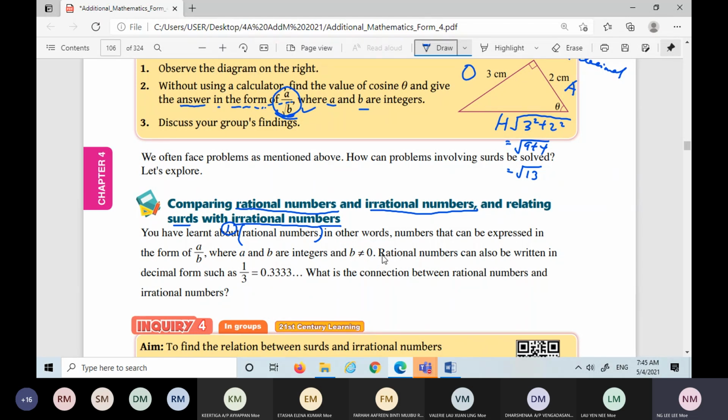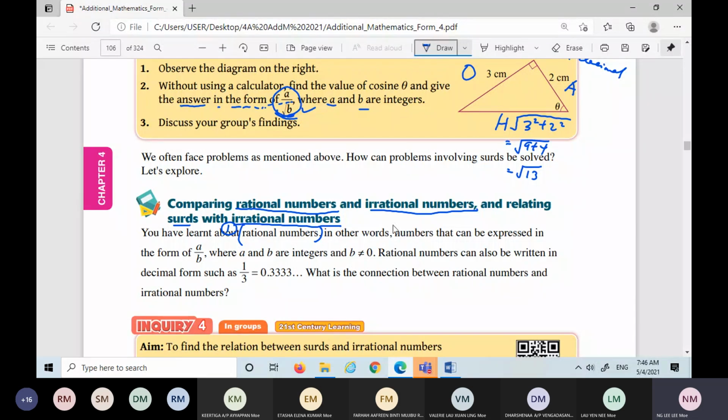Okay, so I continue. First, rational number. This one you have learned in your Form 1 first topic. Once you enter secondary school, the first thing you learn in mathematics is rational number. So if you want to revise, what is the definition of a rational number?